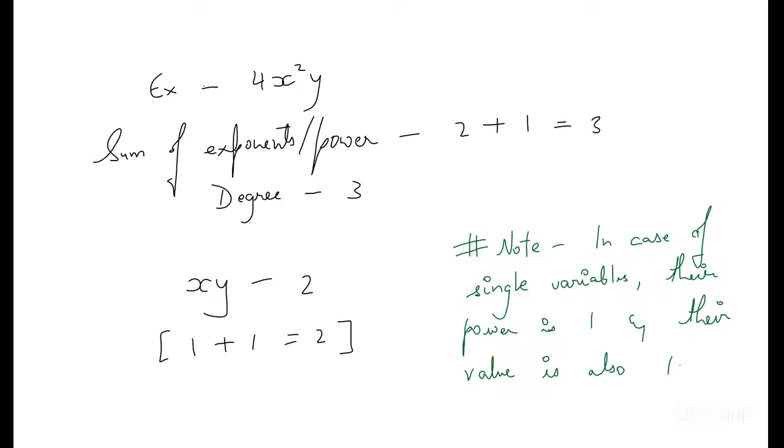If it's like 4 square divided by x square y, then what will it be? It is not really possible to have such an expression. In that case, we will not consider the power of a non-zero constant.